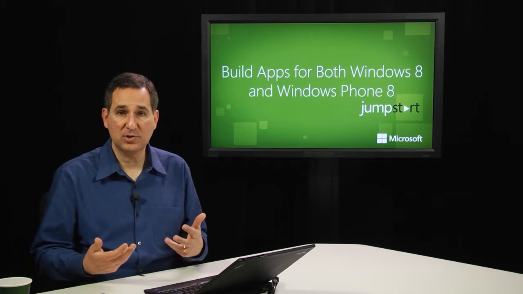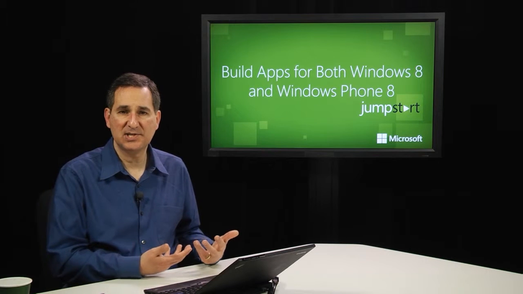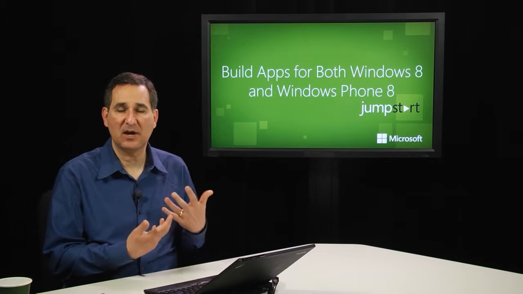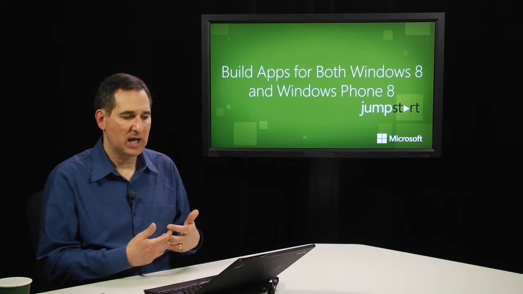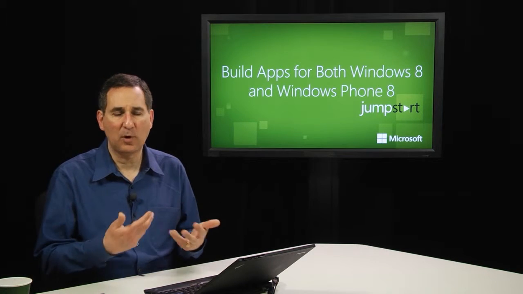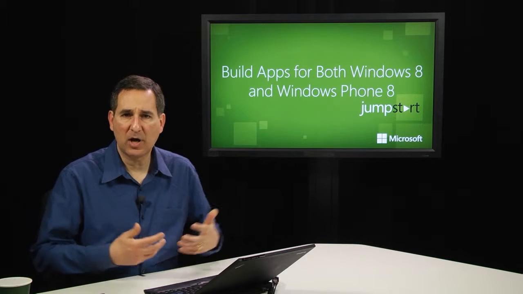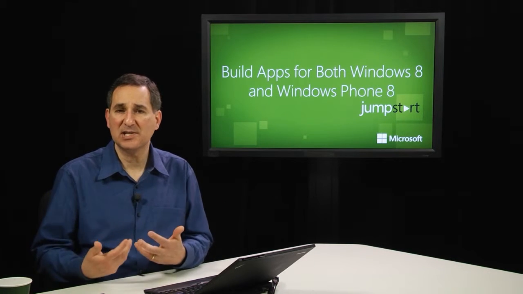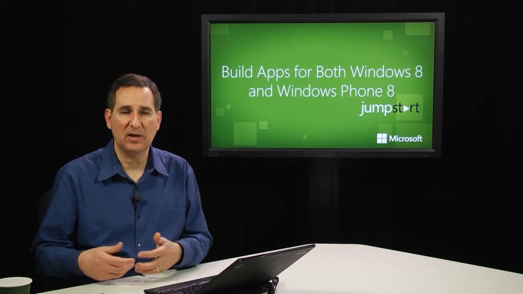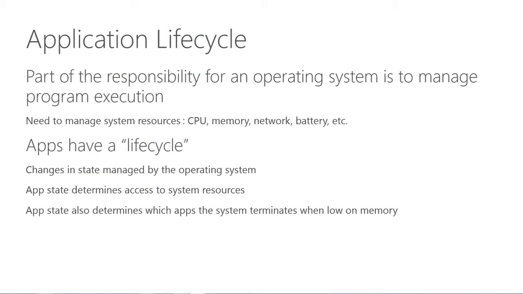They do that in order to maximize the experience of the end user, so the end user is not regretting installing apps and not confused by app performance because something is going on in the background that maybe they don't know what's going on. And also to maximize the device experience as well. Things like battery and CPU and all of that stuff is optimized using the application state and the state lifecycle management. And we'll talk about some of that and how that works.